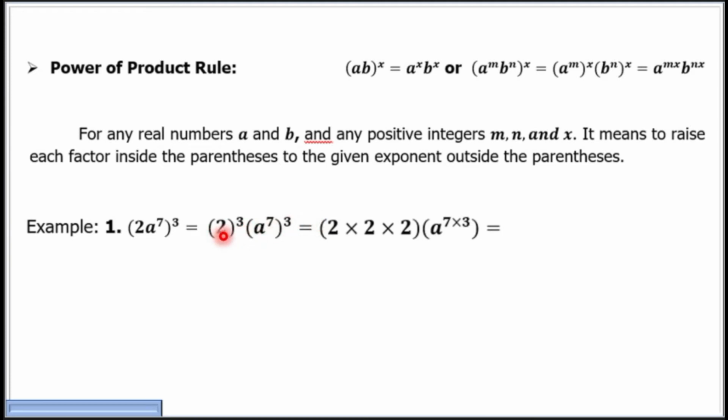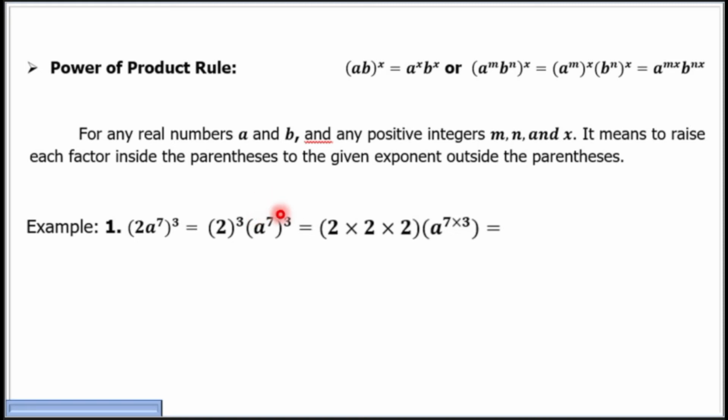Alright, so 2 raised to cube, meaning katulo na i-multiply ang base, which is 2 by itself. Kay 3 man na, 2 times 2 times 2. Another is nagtapad man na base sa power of a power rule, 7 ug 3 i-multiply.